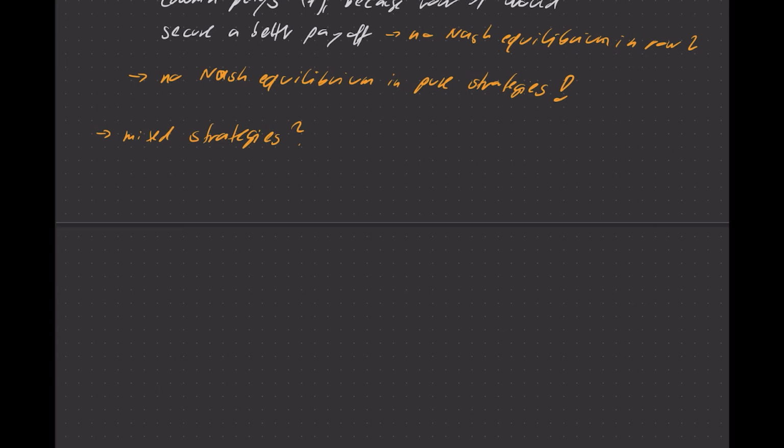Now let's say we have two strategies. We have the row player playing y and 1 minus y, and we have the column player playing x and 1 minus x. Say row plays y and 1 minus y.